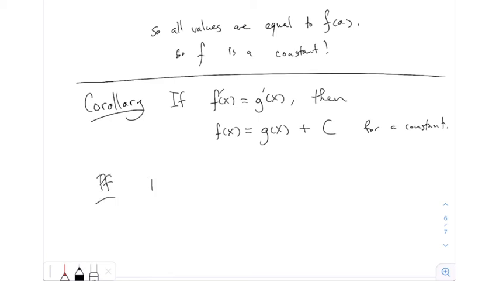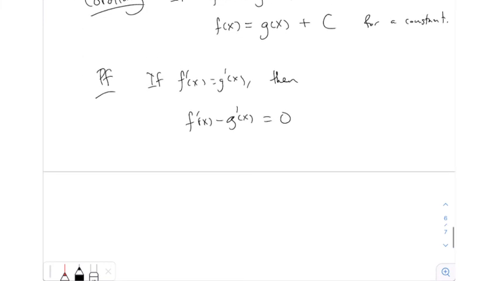So if f prime of x equals g prime of x, then you can move this around. It'll say f prime of x minus g prime of x equals 0, which means the derivative of f of x minus g of x is 0, so that means f of x minus g of x is a constant.